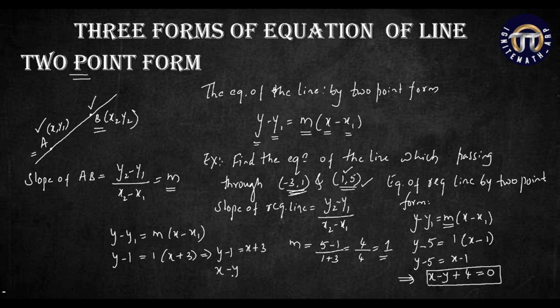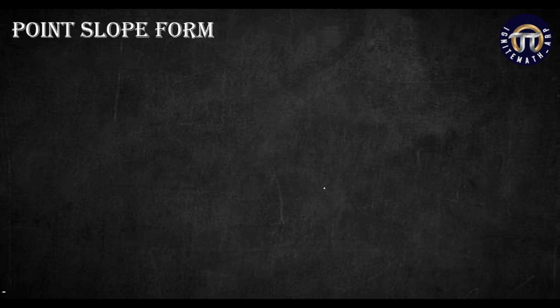Then x minus y, then this minus 1 goes that side, becomes plus 1. So 3 plus 1, 4 is equal to 0. See, then also I got the same equation. So means what, children? Whenever you are substituting y1 x1, either you can take this point or you can go ahead with this point.